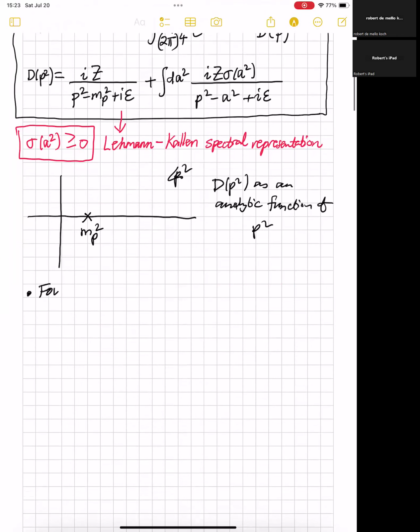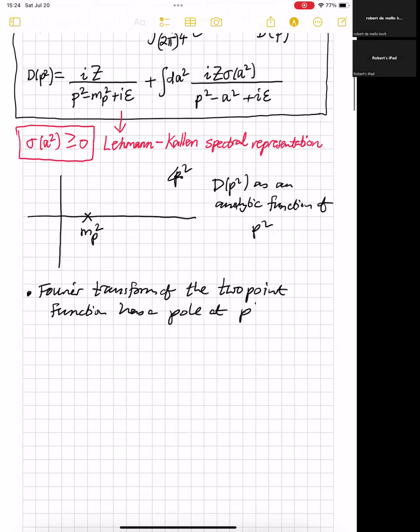We learn that the Fourier transform of the two-point function has a pole at the physical mass squared.